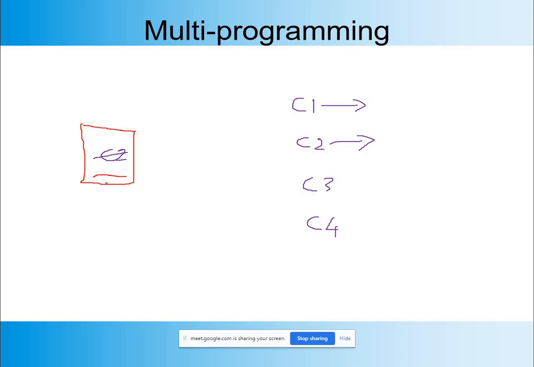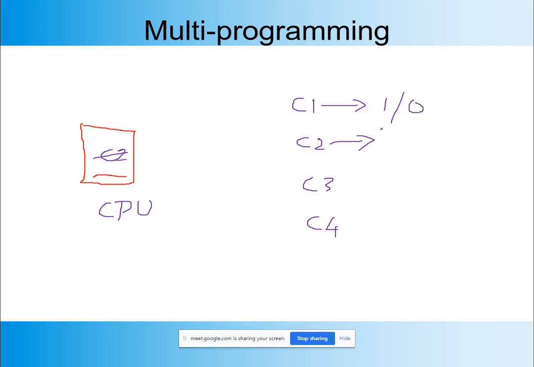In this case, there would be a single oven. So in this analogy, the oven should be thought of as the CPU, and these are your processes, C1, C2, C3, C4. Before the multi-programming practice was in place, in the olden days, even though the CPU was free, it was not given to any other process. Until they were done with their task, the CPU used to be idle whenever that particular process was busy with some other task.